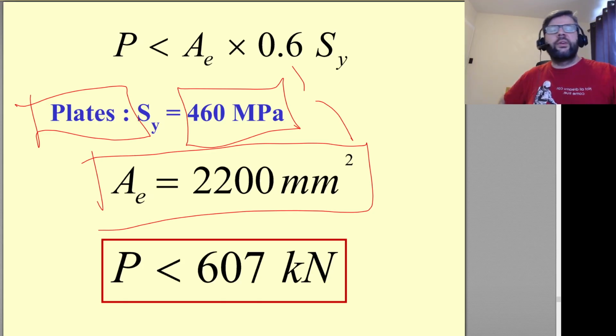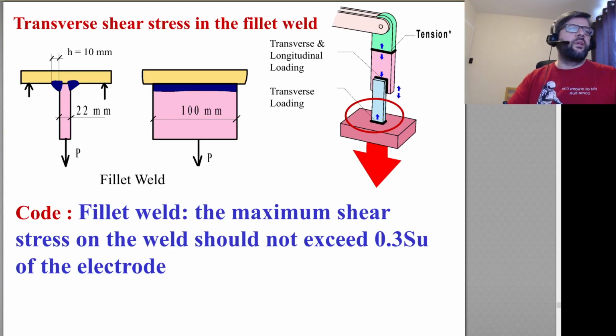For the fillet weld, however, again, different situation. For the fillet weld, our failure criteria is that the maximum shear should not exceed 0.3 of the SU of the electrode.